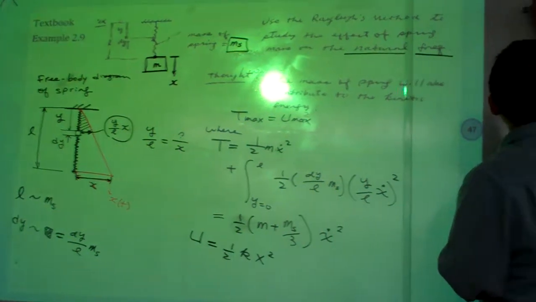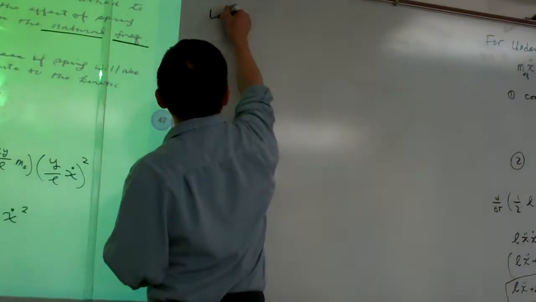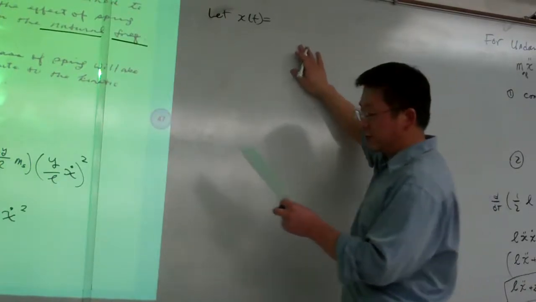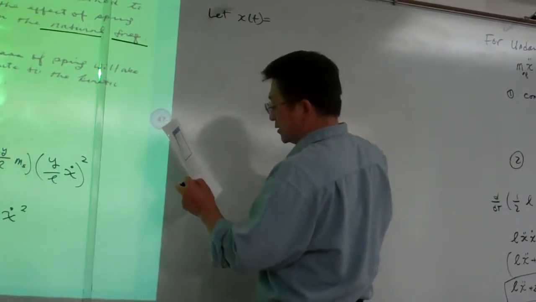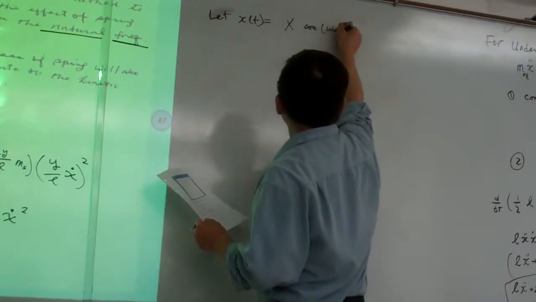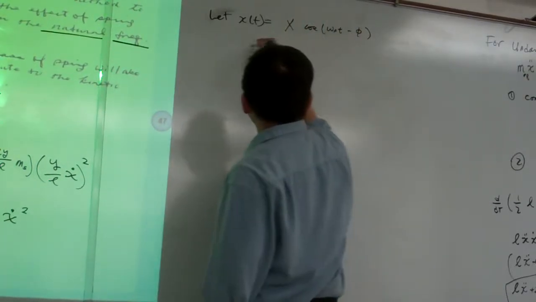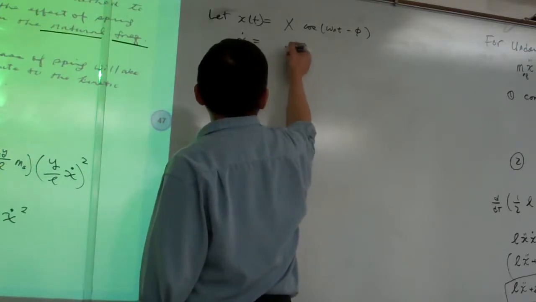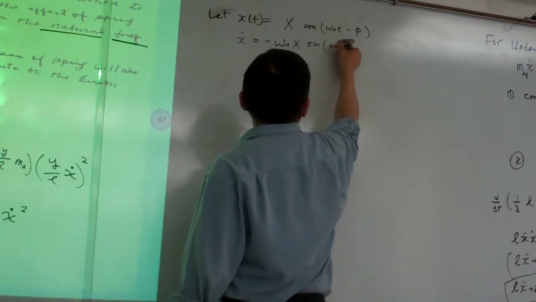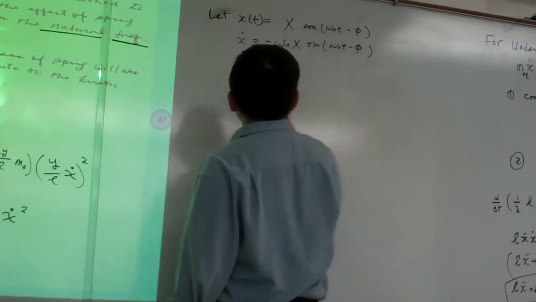So right now, again, we know this is a harmonic motion, so x(t) will be equal to X times cosine of omega n t minus phi. Therefore x dot will be equal to minus omega n X sine of omega n t minus phi.